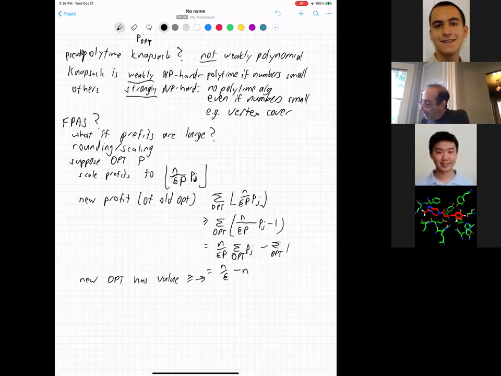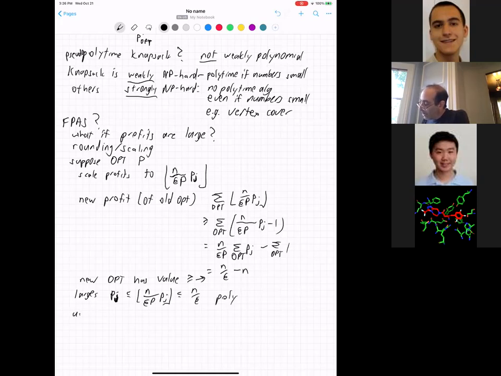So that means, but now we can also see that the largest pj is at most this scaled quantity, n over epsilon p times pj, which is less than or equal to n over epsilon, which is a polynomial number.